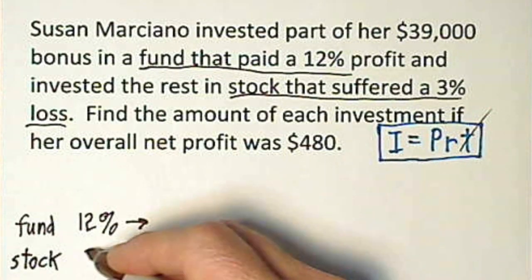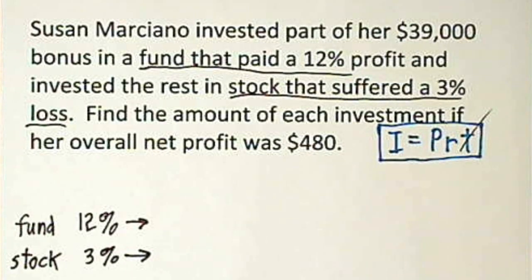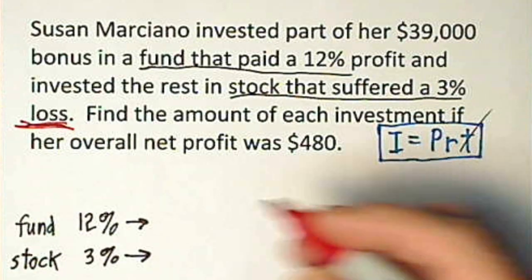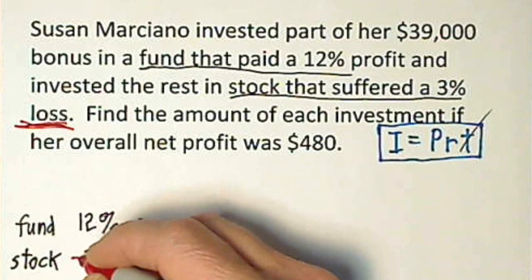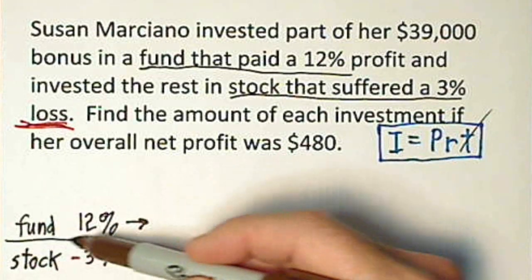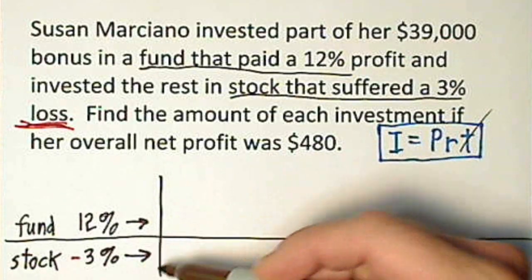Okay, so 3%, and that'll be going in this category. But we have to account for the loss. Okay? So I'm going to put negative 3%, okay, because we lost at the rate of 3% on that one. So we've mentioned our categories.